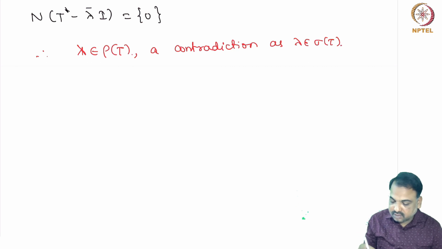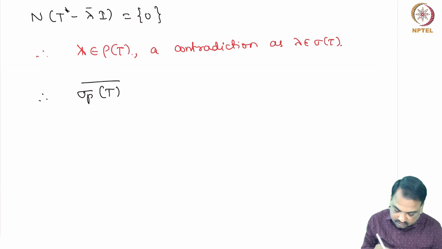Hence we can conclude that the closure of the point spectrum of T is exactly the spectrum of T.